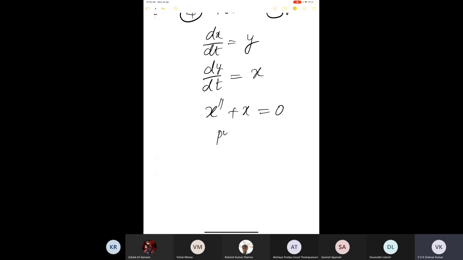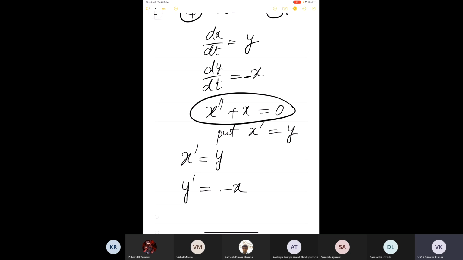So put x' equal to y. So we have x' equal to y, this is the first equation. And x'' is equal to y'. y' is equal to what? Minus x.